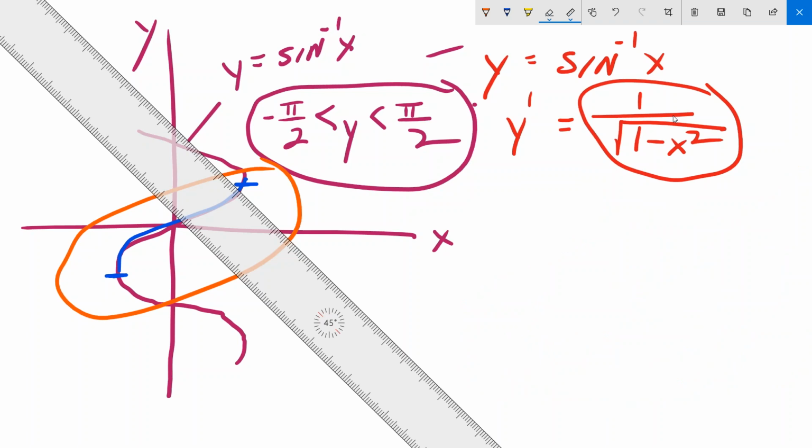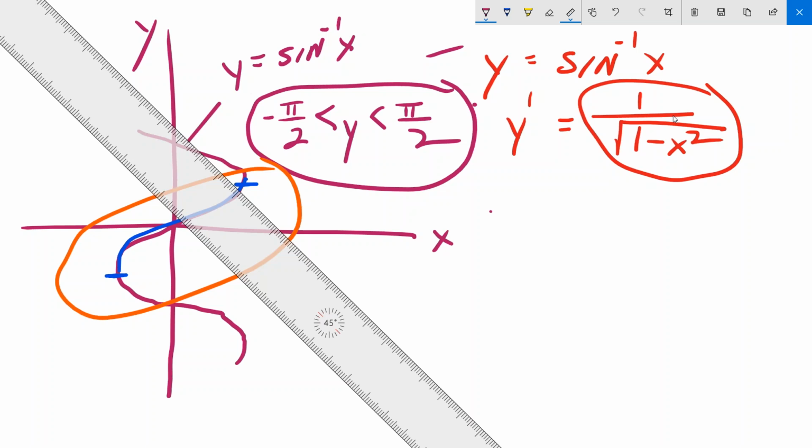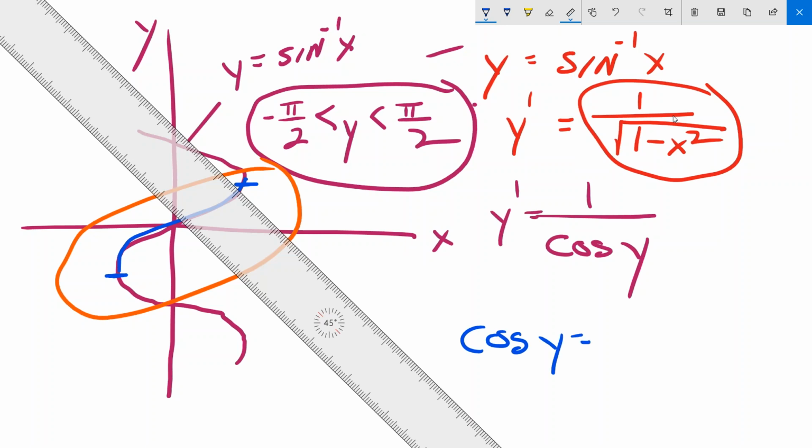Remember what we got as an answer: y prime equals 1 over cosine of y. Well, cosine of y by the trig identity is equal to this.